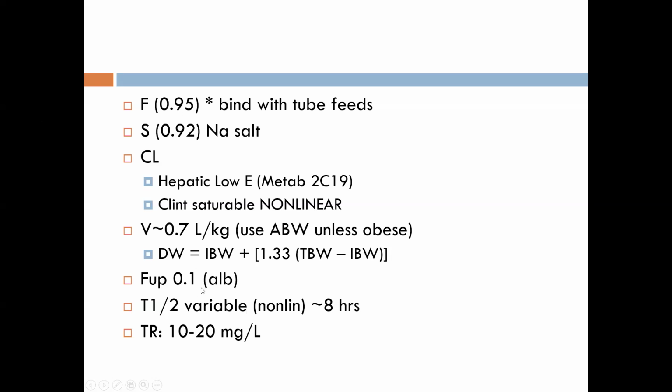It's only about 10% free. It's 90% bound to albumin. The half-life is variable because of the nonlinearity, and its half-life is about 8 hours. Therapeutic range is 10 to 20 milligrams per liter.